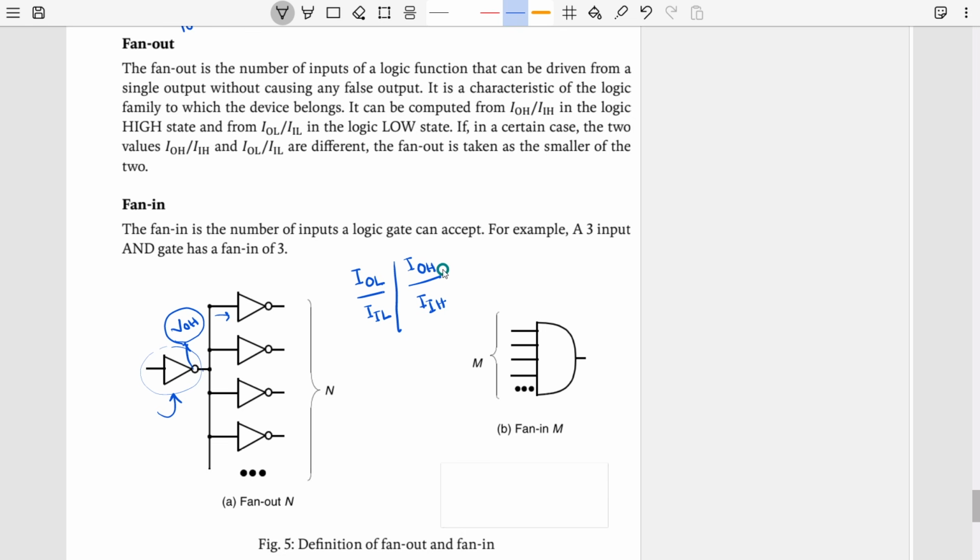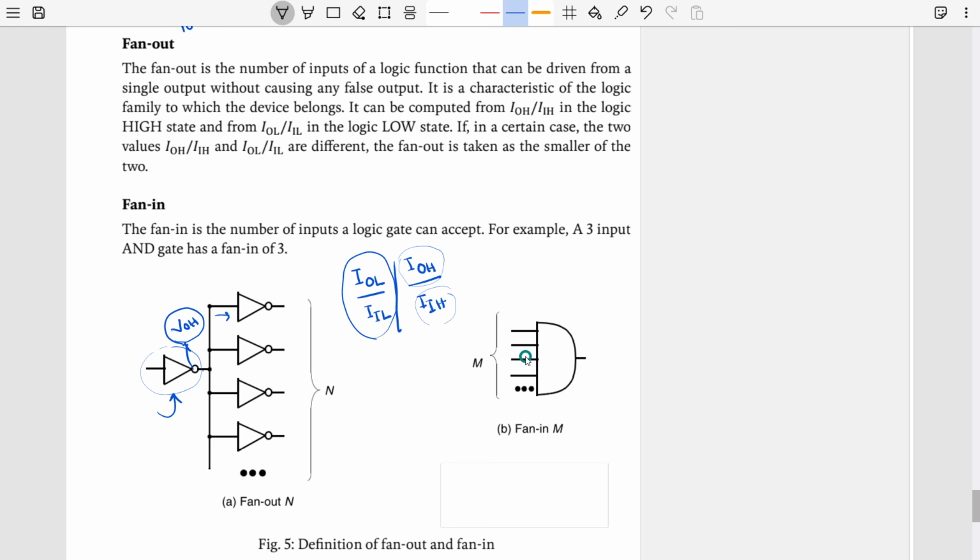If you divide this current by this current, you will understand how many gates you can connect, and it will still behave properly. The same goes for this one, same concept, but just for the logic low condition.